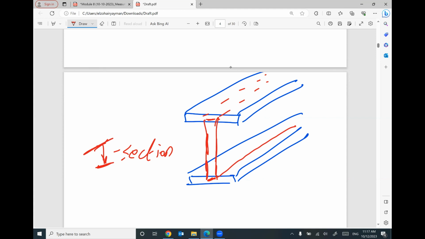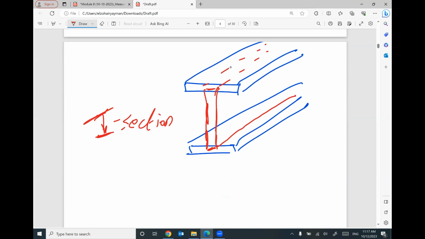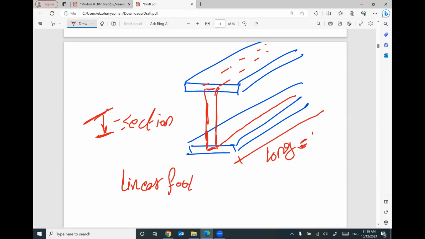In this case, we are not using the board foot or board measure as a volume. No, we are going to use linear foot. So how long for these pieces? Because the cost will be around, for example, $100 for 1 foot.